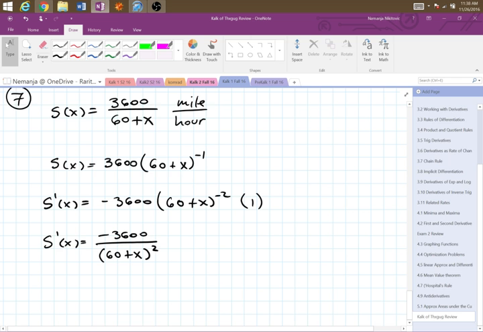So what is our linearization in terms of x? It's going to be s computed at 0 plus s prime computed at 0 times x minus 0. That's the linearization.